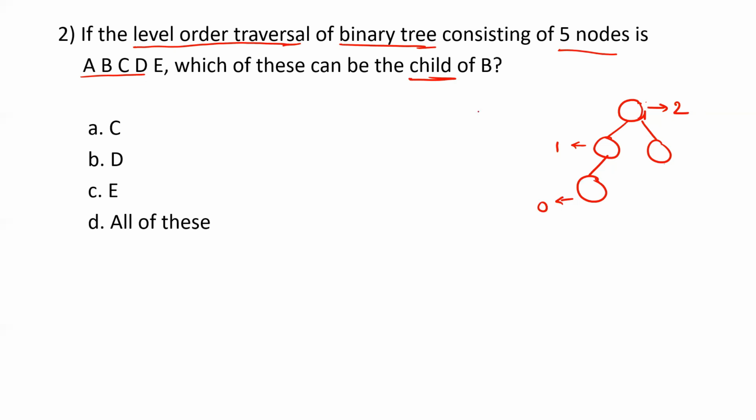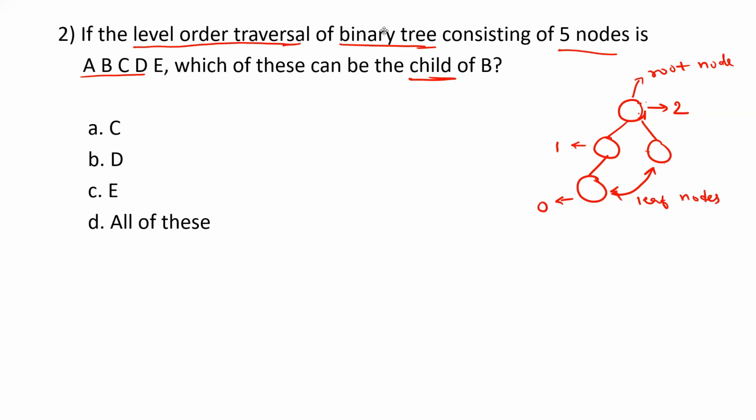And the first node in the tree, we call it the root node, right? So we call this node the root node, and these are the children of this node, and those which are not having any children, we call them leaf nodes.